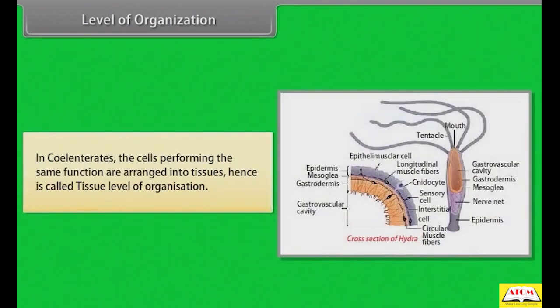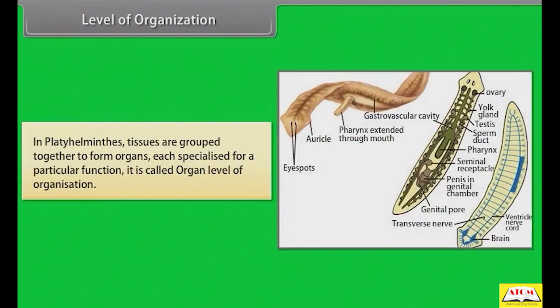In coelenterates, the cells performing the same function are arranged into tissues, hence it is called tissue level of organization. In Platyhelminthes, tissues are grouped together to form organs, each specialized for a particular function. It is called organ level of organization.